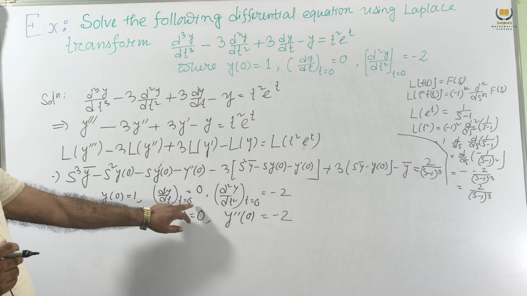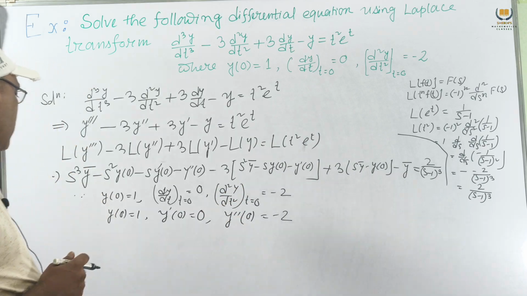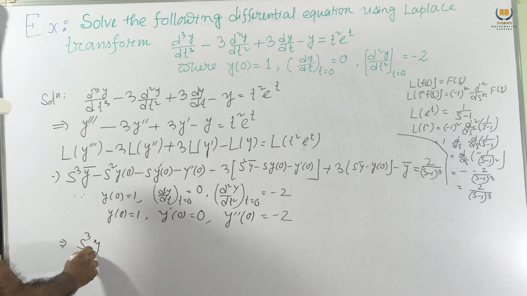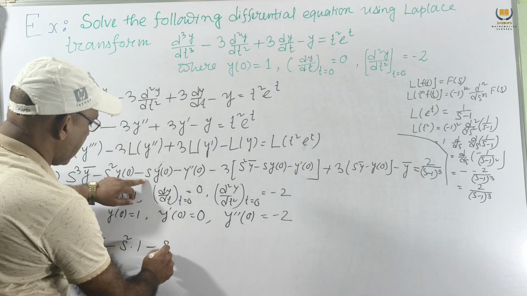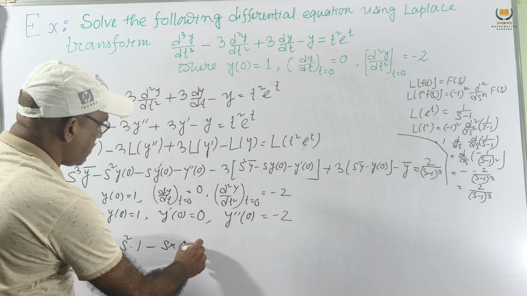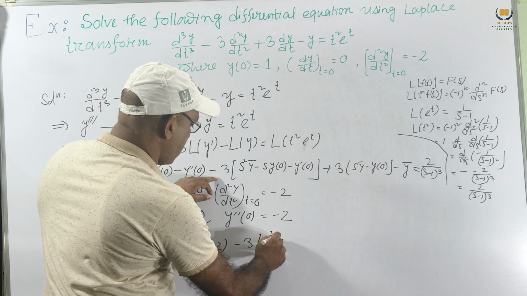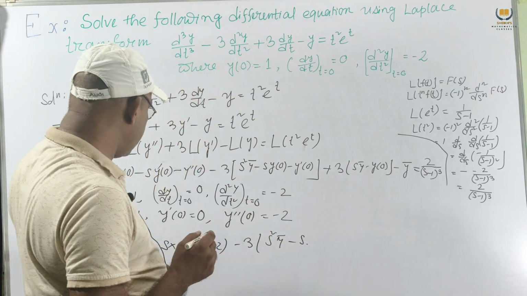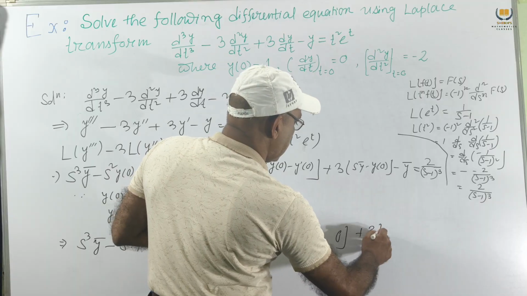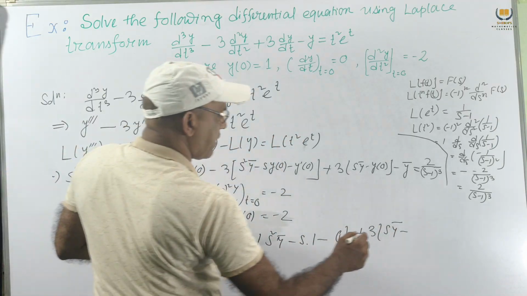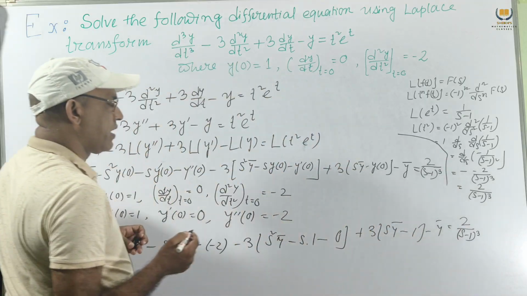Putting the values: s³ ȳ minus s² times 1 minus s times 0 minus (minus 2), minus 3 s² ȳ plus 3 s times 1 minus 0, plus 3 s ȳ minus 3 times 1, minus ȳ, equals 2 by (s minus 1)³. We get this one.